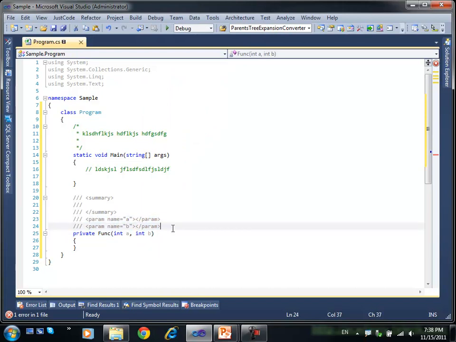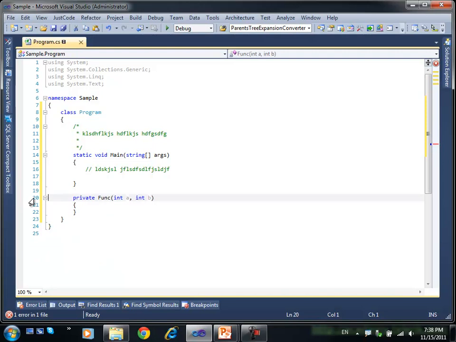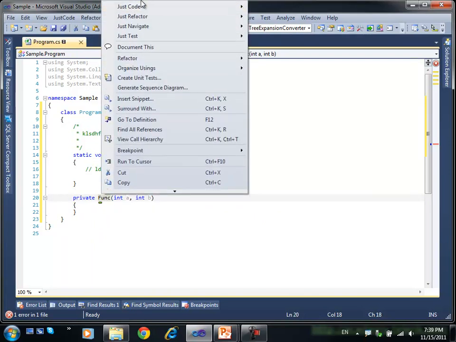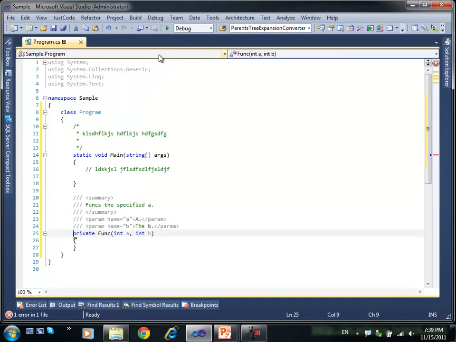There are also extensions to make this work better. There's something called GhostDoc, which I think I have here. Yeah, it gets you a comment and already fills in the data of this function. So that's also quite useful.